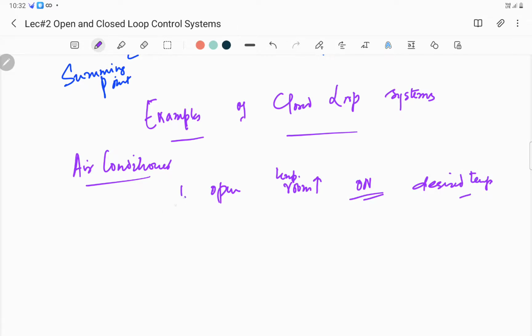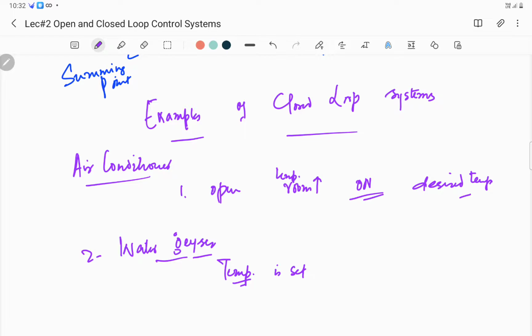As I already said, a water geyser is an example of a closed loop control system. What happens is that when the temperature of the geyser is set to some value, the temperature of the water within the geyser continues to rise till it reaches that desired value.